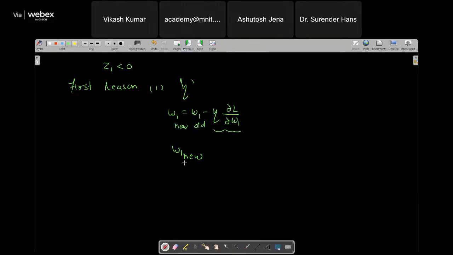Correct? So in the next cycle, W1 new is equal to W1, so W1 X1 plus W2 X2 plus B1 will be less than 0, because this one is negative. So that is the first reason.